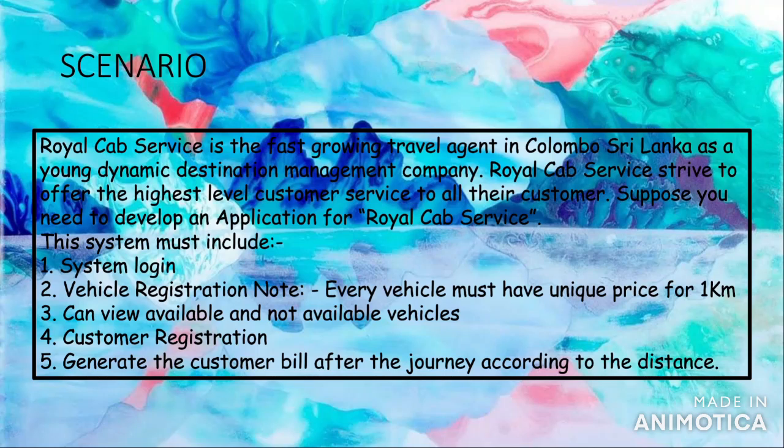This system must include system login, vehicle registration. Every vehicle must have a unique price for 1 kilometer. It can view available and not available vehicles. Customer registration. Generate the customer bill after the journey according to the distance.